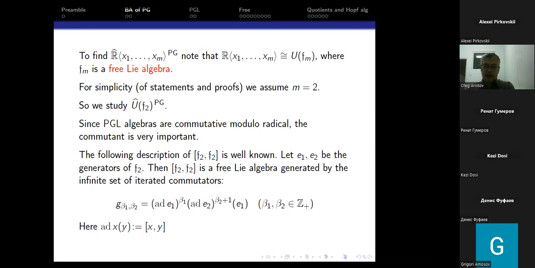So our goal is U hat of F2, the envelope of this universal enveloping algebra.